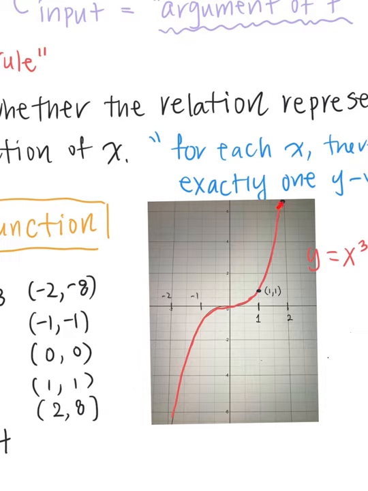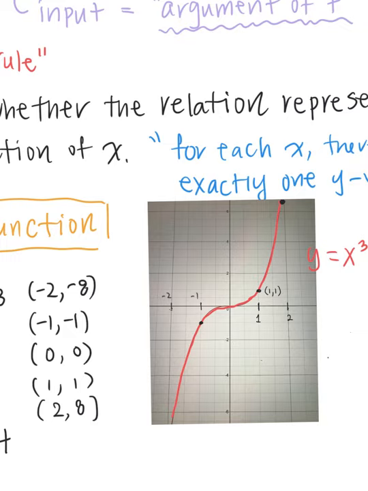which, what is it? When X is 2, it's supposed to go to 8. Okay, so pretend that's 8. And then let's do the same thing. When X is -1, where's my corresponding Y value? Well, your Y value is going to be here. So when X is -1, there's exactly one Y value.